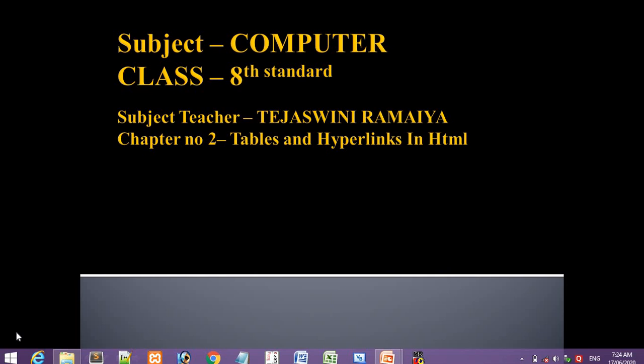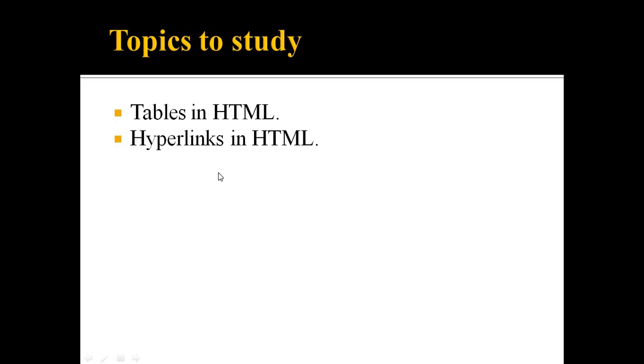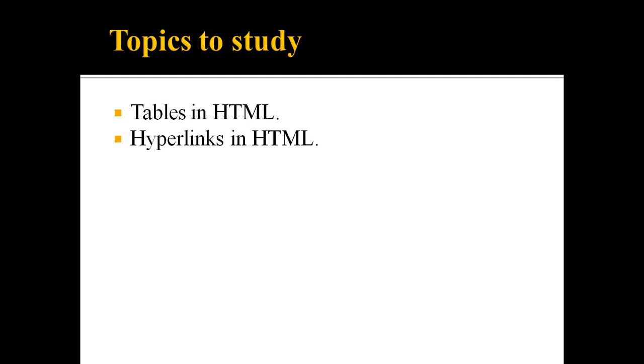So what is a table in HTML? First we will see that. The topics we are going to study in this chapter are tables in HTML, as the chapter name itself tells us. Tables here does not mean the tables that 2 1s are 2, 2 2s are 4, not those tables.